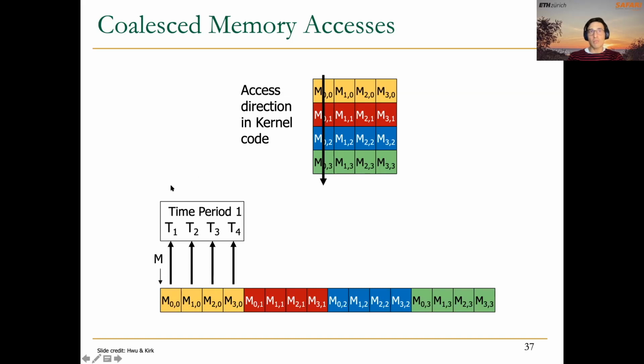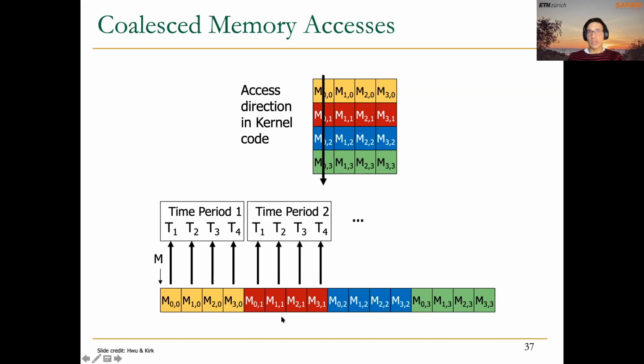In the first time period, the four threads are accessing four consecutive elements belonging to the yellow row. In the next time period, they access four consecutive elements in the red row. Observe that these threads are accessing elements that belong to the same cache line, or are in nearby memory locations. In this case, the accesses to the global memory are coalesced, and we are taking full advantage of the available bandwidth.